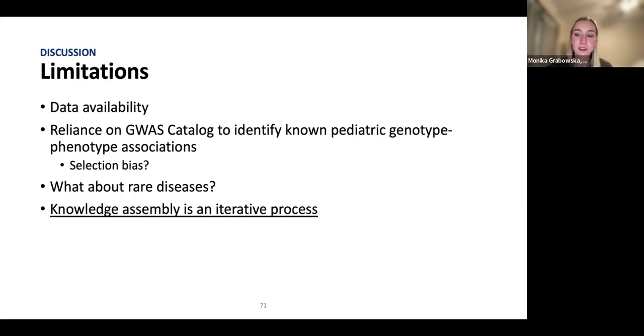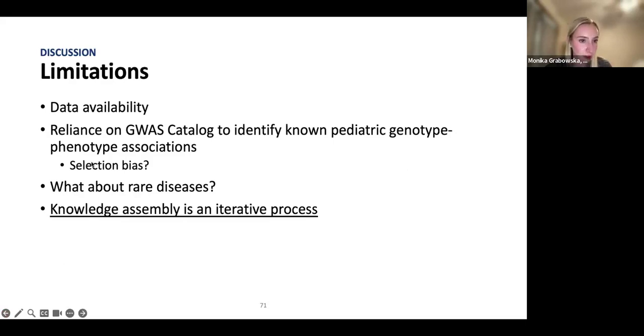In terms of limitations, I'd say a big factor was just availability of the data. There's much less pediatric EHR data that has accumulated, although it is continuing to grow. Pediatric patients are also comparatively understudied in GWAS analyses, which made it a little bit challenging to even identify SNPs that we could use in our comparative PheWAS analyses to validate the performance of the PEDS Phecodes.